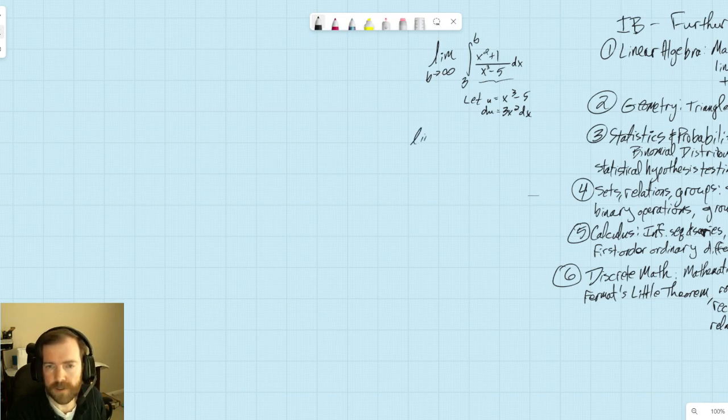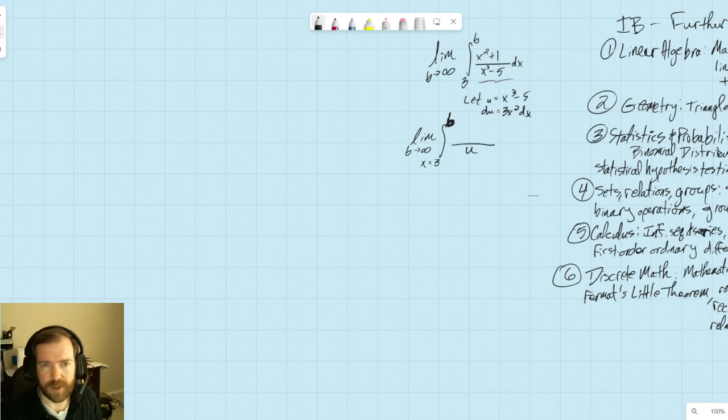Okay, and then we're going to say that this is the limit as b approaches infinity of the integral from x equals 3 to b. Blah. Oh, that's disgusting. Alright, x equals 3 going up to b of, here we've got x cubed minus 5 on the bottom, so that's just u. Up top, we don't quite have du.